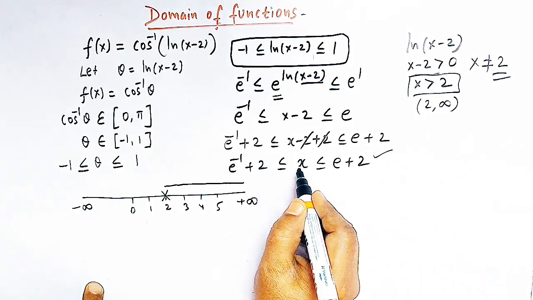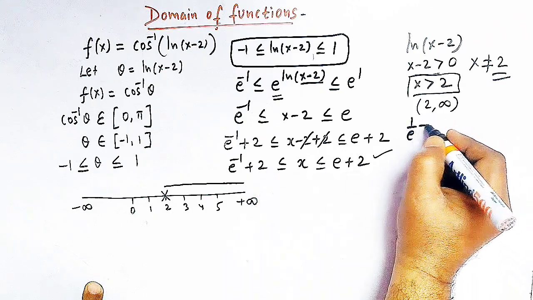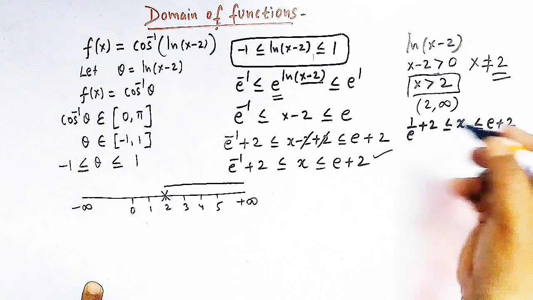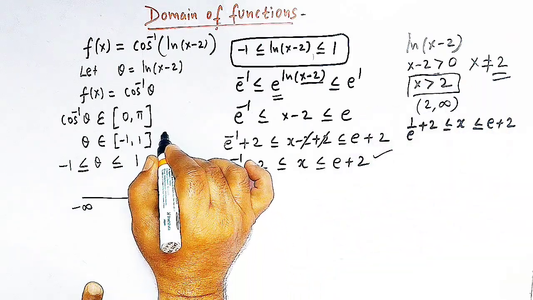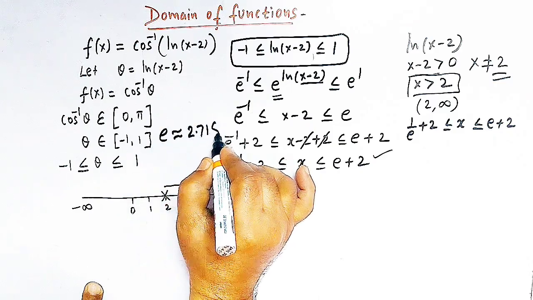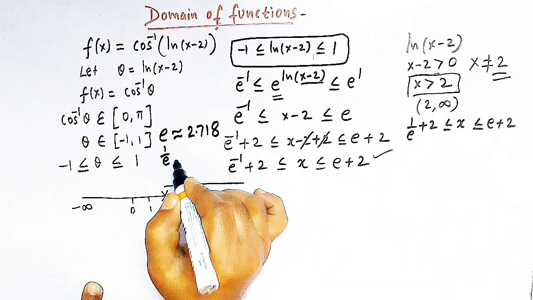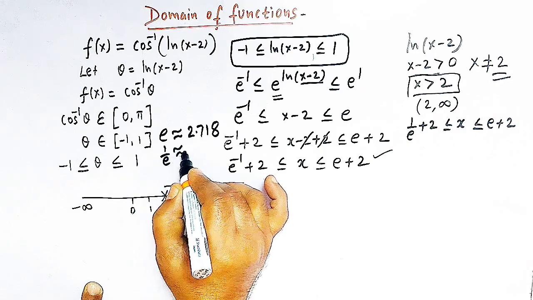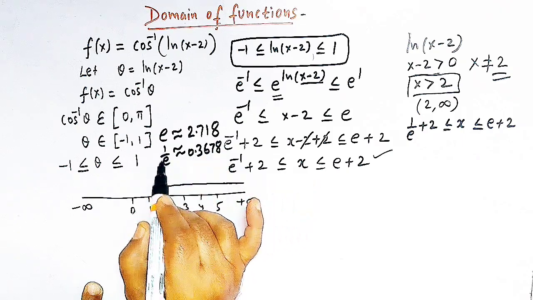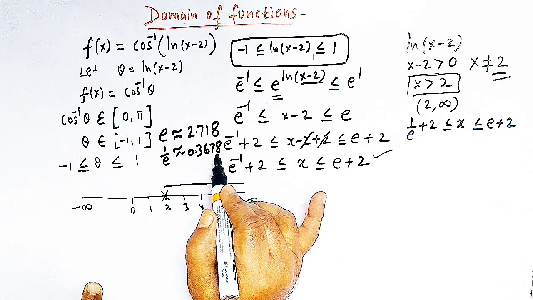Now let us represent this inequality on this real number line. So here we have x greater than or equal to e raised to minus 1 plus 2. So here we can write 1 over e plus 2, and here we have x, and here we have e plus 2. Now we know that the approximate value of e is 2.718, right? And 1 over e can be written approximately as 0.3678. So we can divide 1 by e, and we get the approximate value 0.3678.